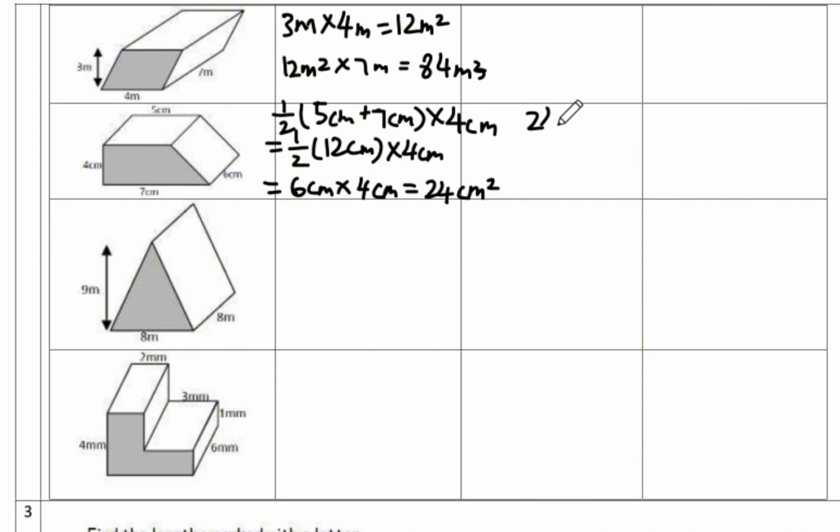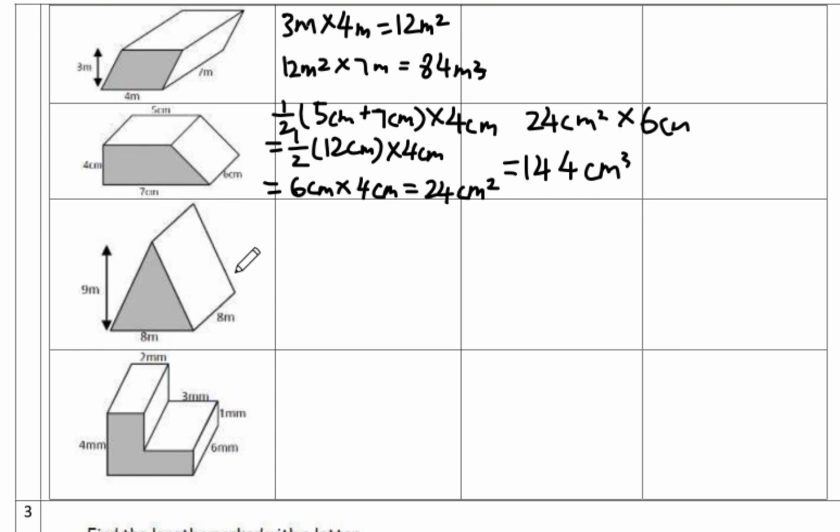And 24 cm squared multiplied with 6 cm would equal to 144 cm cubed.